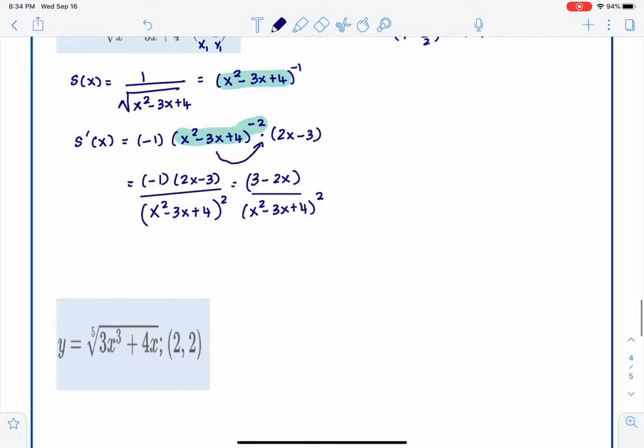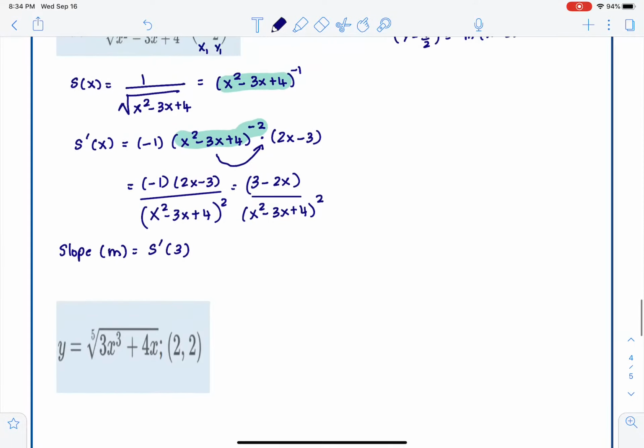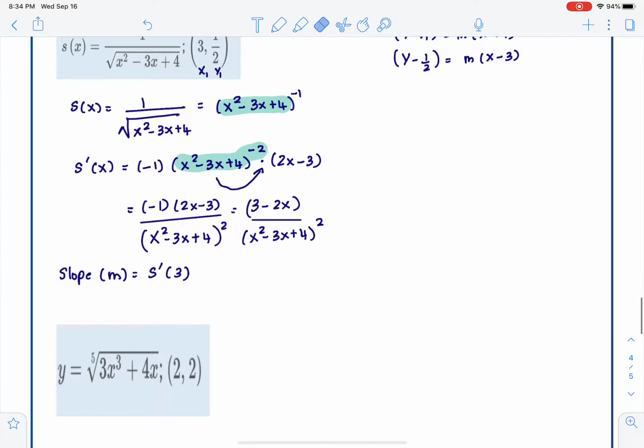So the slope m would simply be equal to s prime of 3, which is the x1 value we have.